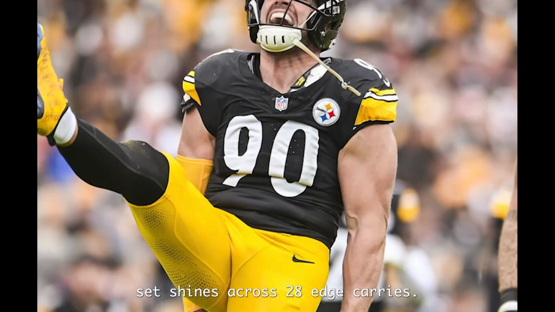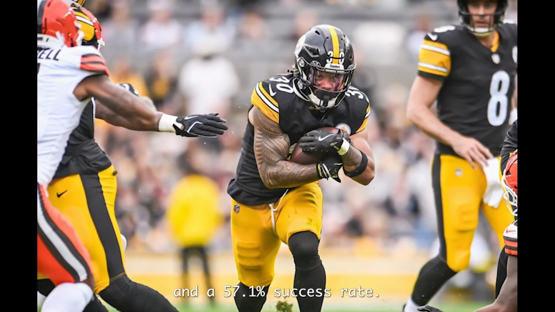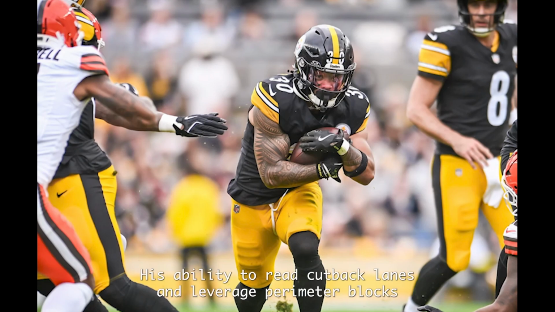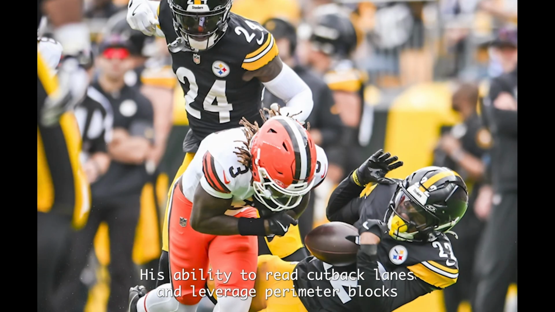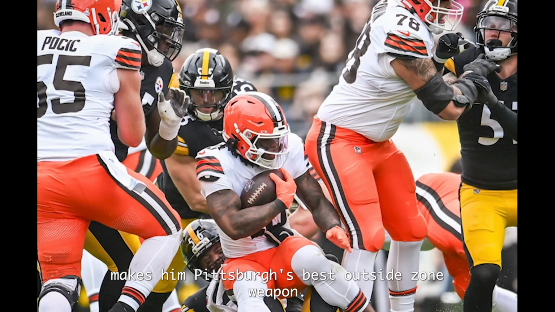Across 28 edge carries, he gained 130 yards, 4.6 per attempt, with plus 1.2 RYOE per carry and a 57.1% success rate. His ability to read cutback lanes and leverage perimeter blocks makes him Pittsburgh's best outside zone weapon.